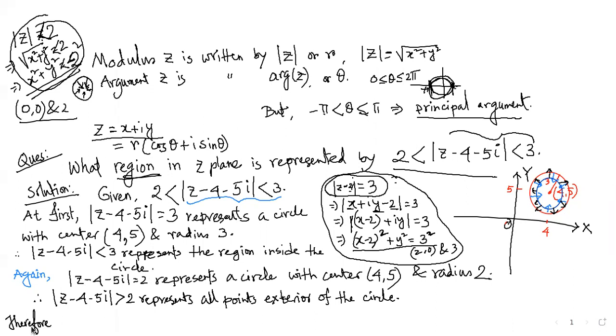Therefore, these two equations, 2 less than z minus 4 minus 5i less than 3, illustrate or represent the region lying between the circles.